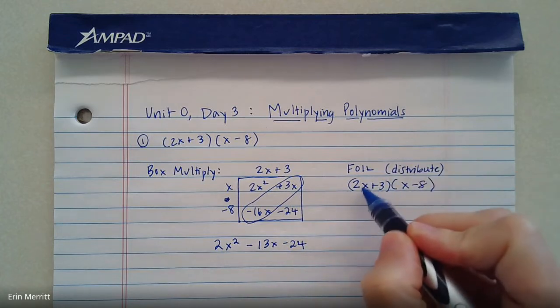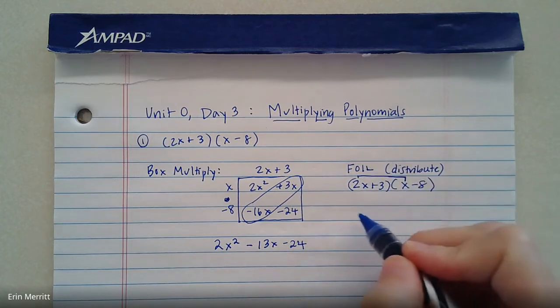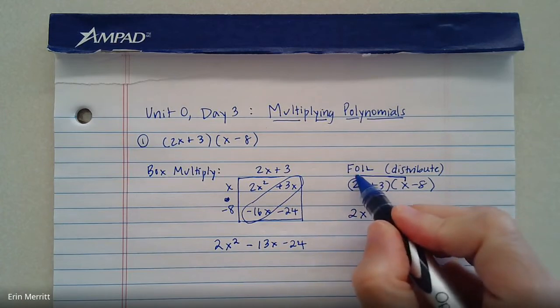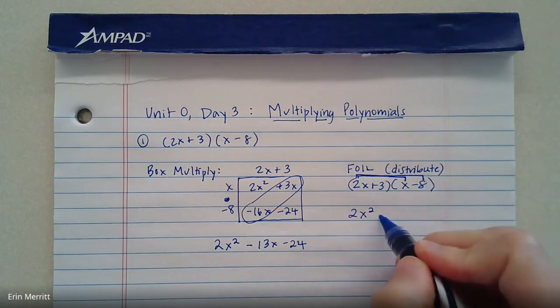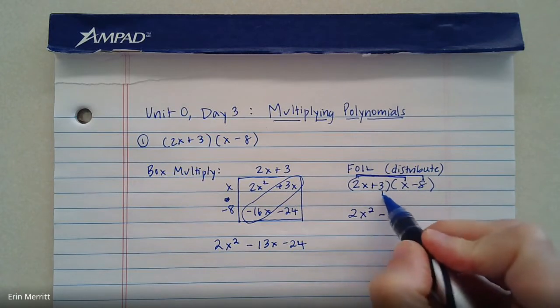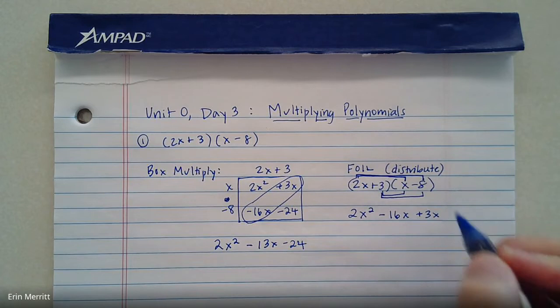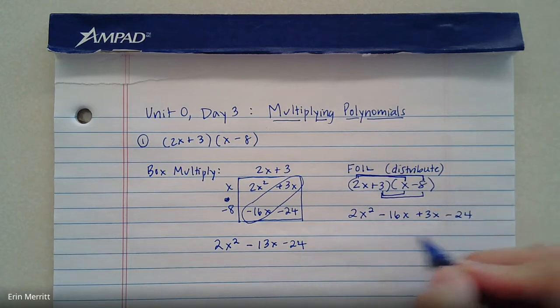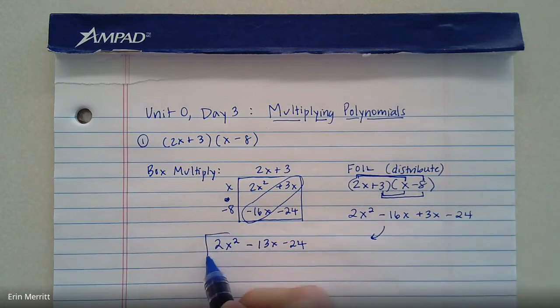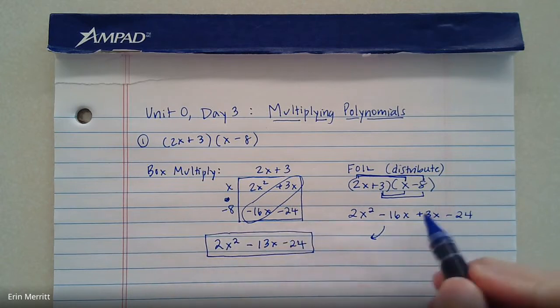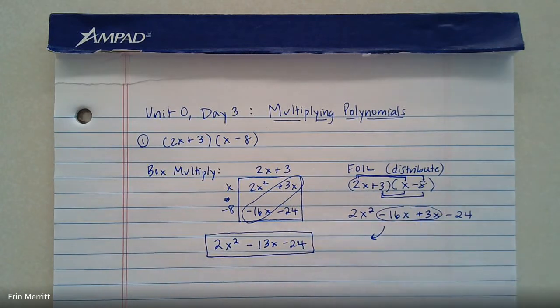We do the first of each, so 2x times x, there's that 2x squared. The outsides, so the 2x times negative 8, so there's the minus 16. The insides, that's the plus 3x. And then the last in each parenthesis, that's the minus 24, which will inevitably get us down to that same answer when we combine those middle two terms, right?